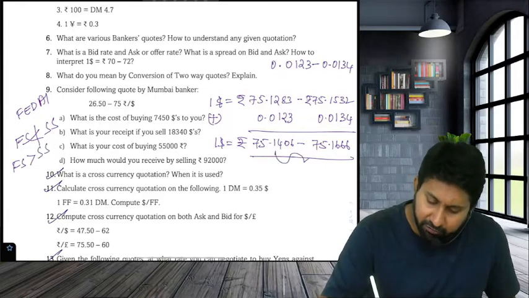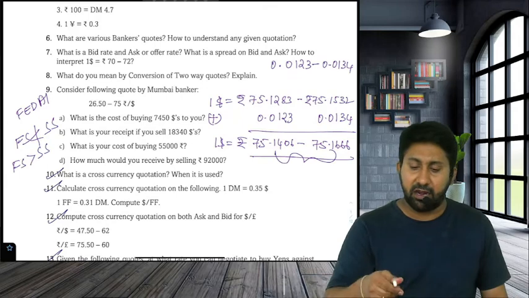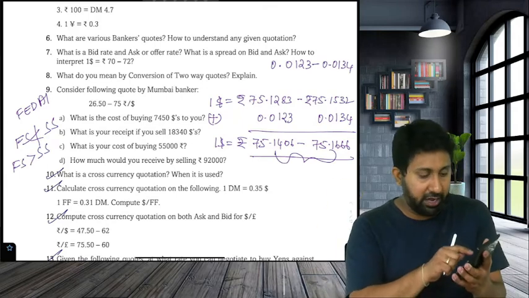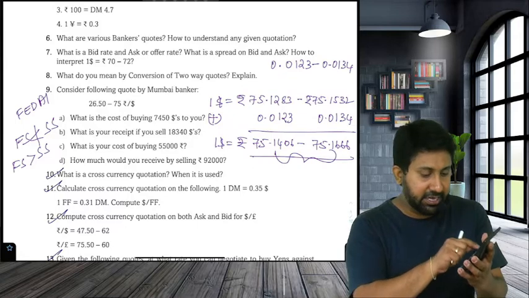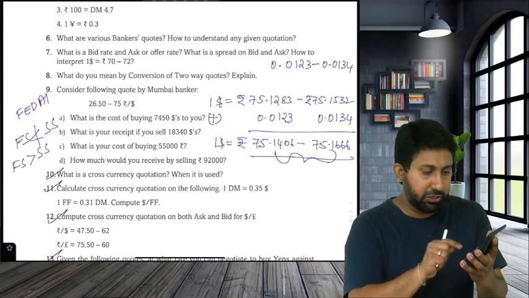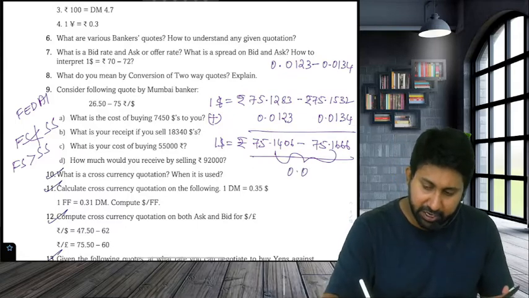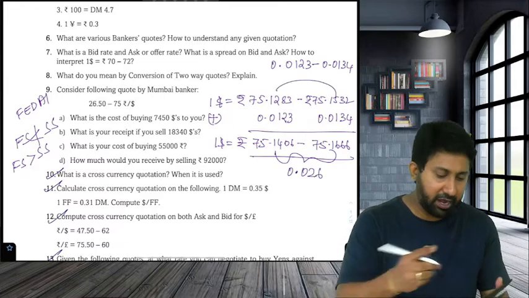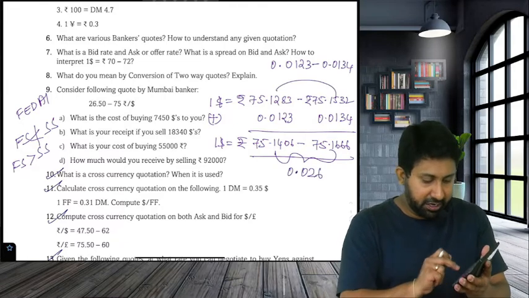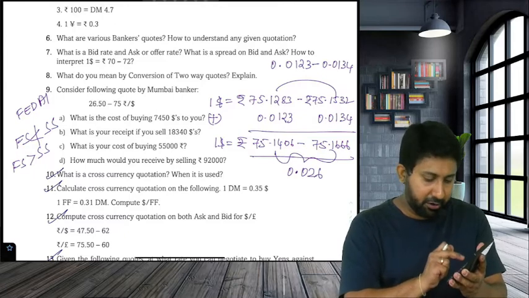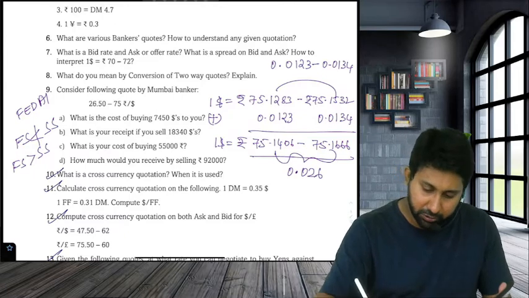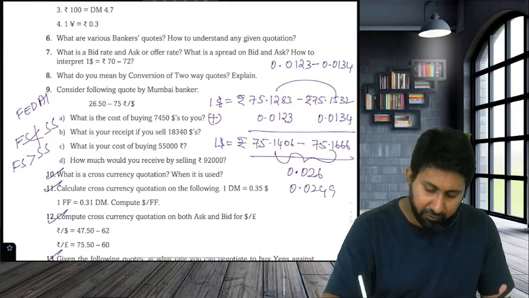What is the forward spread? Difference between ask and bid in forward. So calculate 75.1666 minus 75.1406. How much is the spread here? 0.026. Now calculate the spot spread: 75.1532 minus 75.1283, 0.0249.